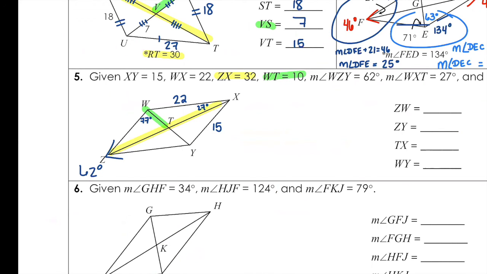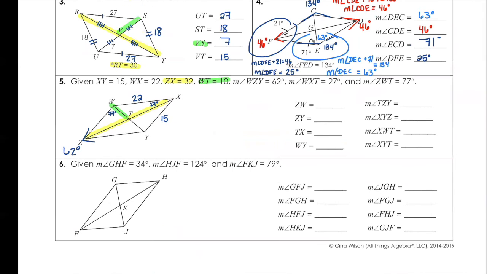It looks complex. Well, what's going to happen is a lot of these numbers are going to end up being the same.